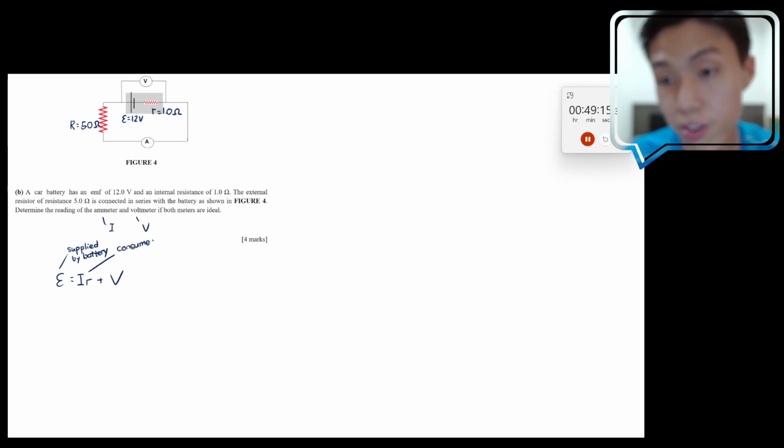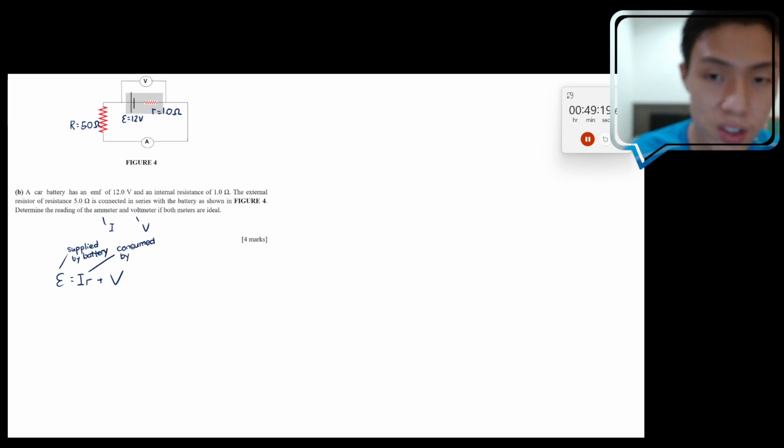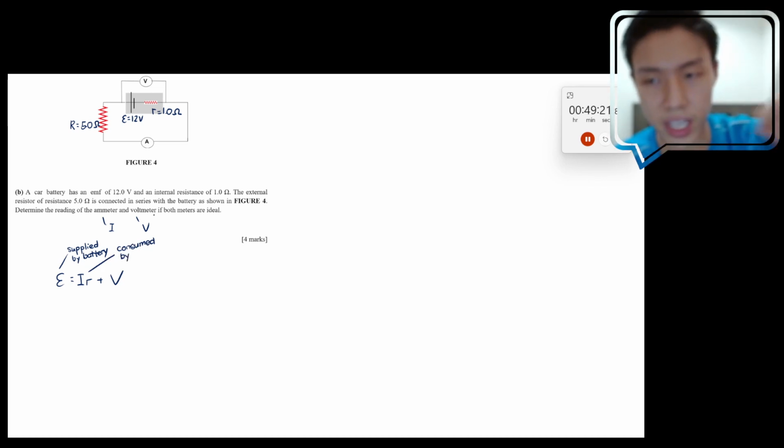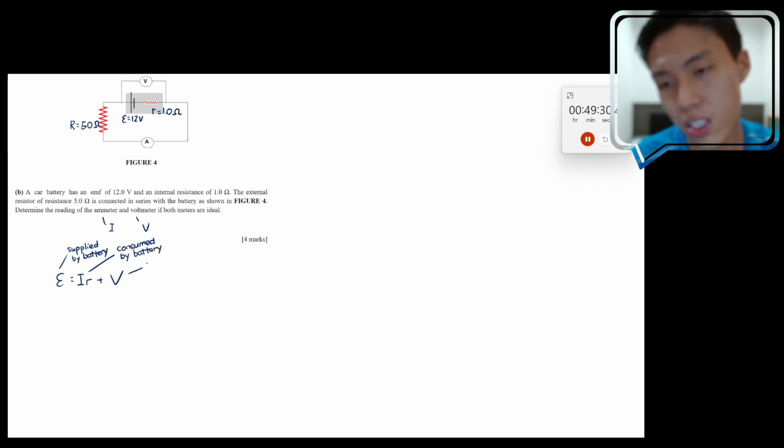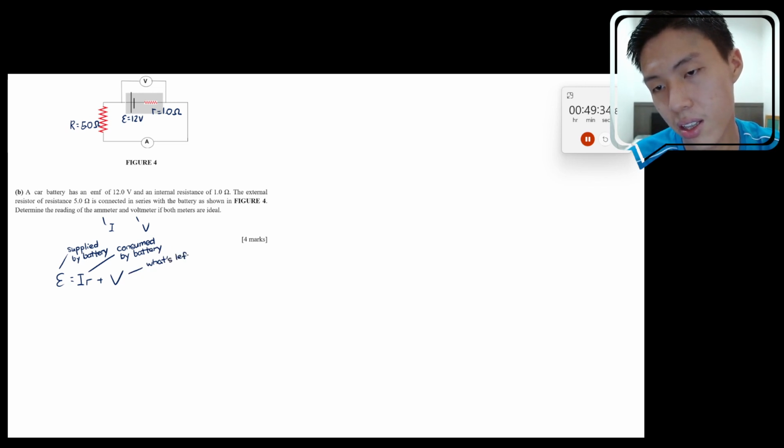Because battery is made of certain material, right? So the material will pose some form of internal resistance. So for the charge to get through the battery, they will have to use up some energy also. So this is the energy consumed by the battery per unit time. So this is what's left for the external circuit.